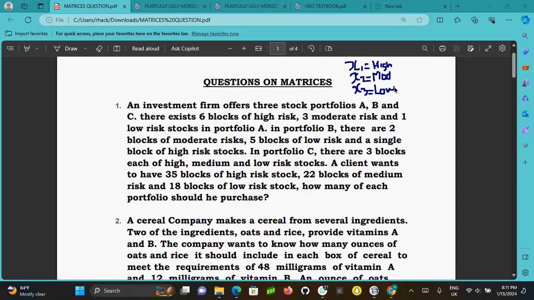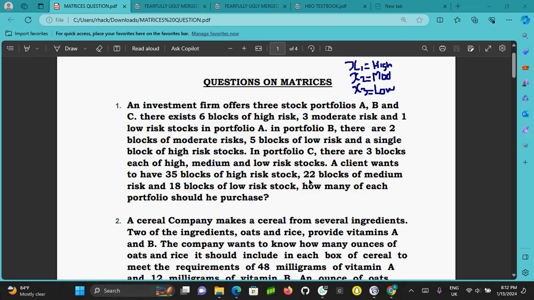Yeah. So now, since these are the decision variables, we are going to equate all the constraints. In portfolio A we pick all the high risk, and then we pick high risk in portfolio B and high risk in portfolio C, and equate it to 35.